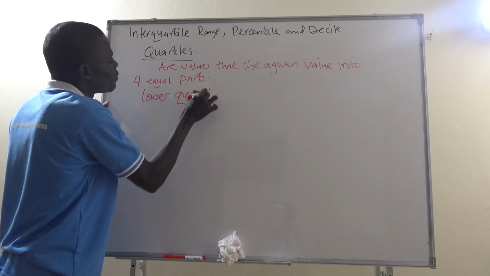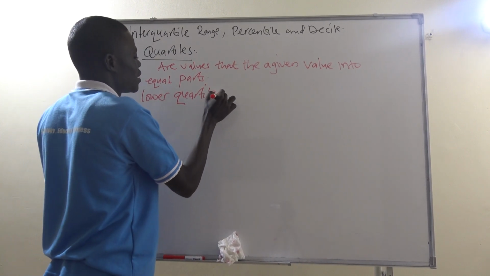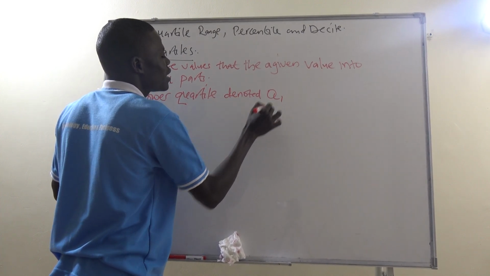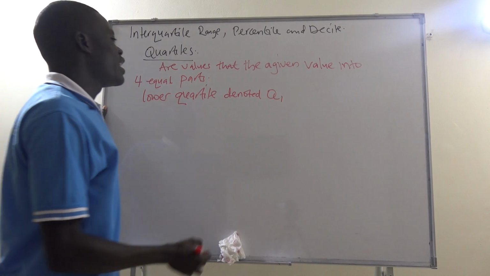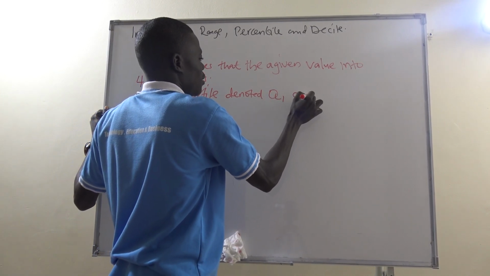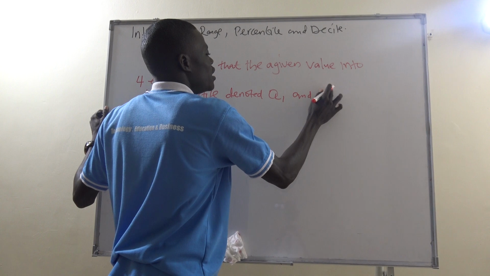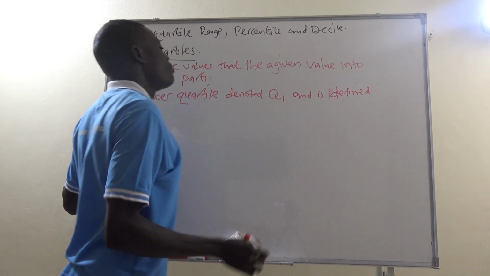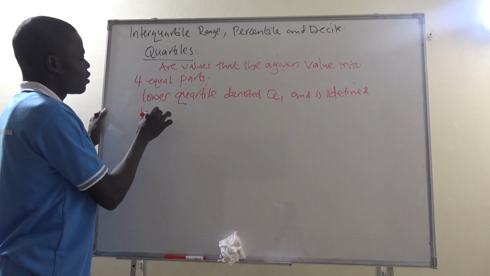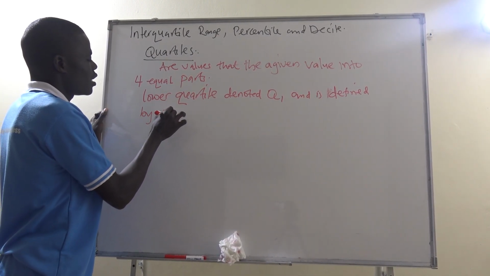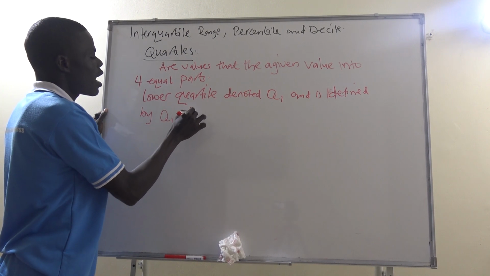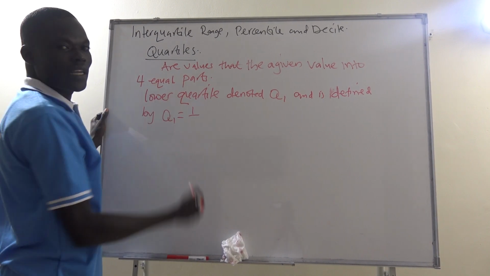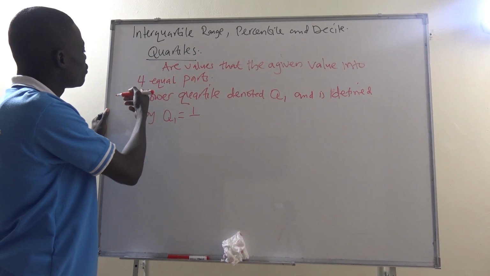So for quartiles, we shall have the first, which we call the lower quartile, denoted as Q1, and it is defined by Q1 equals 1 out of 4 of n's value.